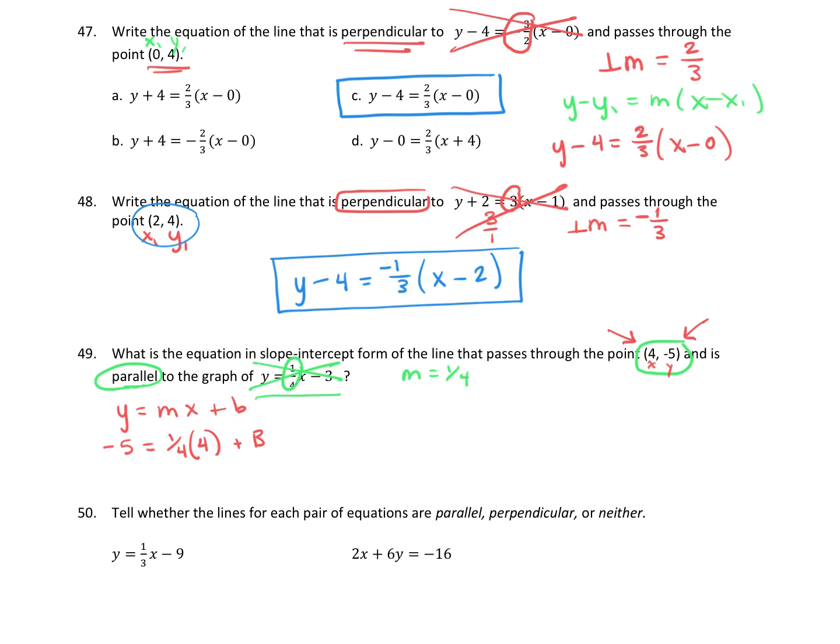Let's simplify this. 4 times a 4th is just 1, so we have -5 equals 1 plus b, and then we will subtract 1 from both sides, solving for that b. 1 minus 1 is 0, so that cancels away. b is equal to -5 minus 1, which is -6. So we have what we need for slope-intercept form. y equals, the parallel slope is 1/4 x, and we just found the y-intercept is -6.